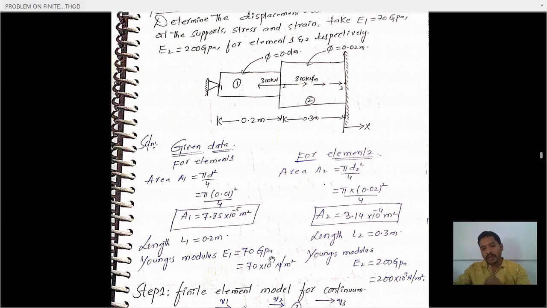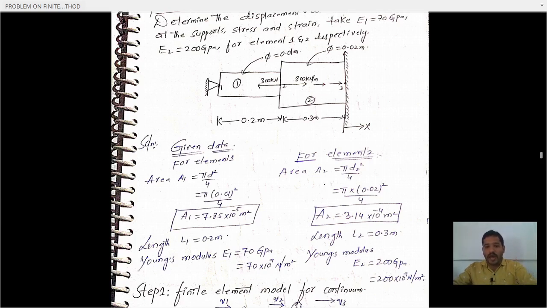So I am representing it here as 70 into 10 power of 9 newton per meter square. And the modulus of elasticity or Young's modulus E2 is given as 200 gigapascal. So 200 giga is 10 power of 9, and 1 pascal is equal to 1 newton per meter square.